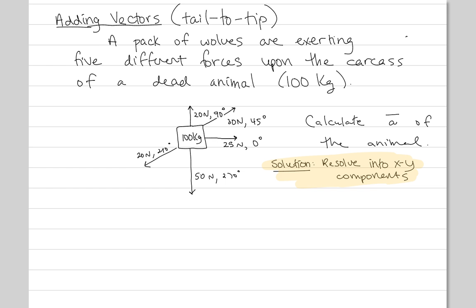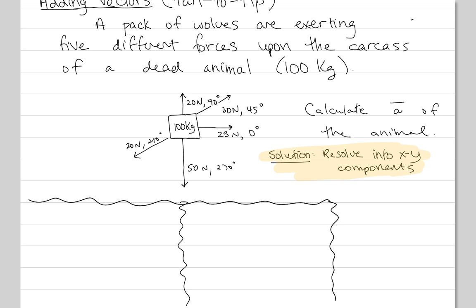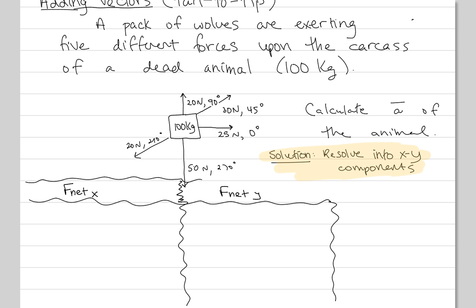Okay, so what I would do is net force in x and then net force in y, and I have it separated. So this is F net x, and this is F net y. You have what's happening in the y direction, what's happening in the x direction, and we're talking net.